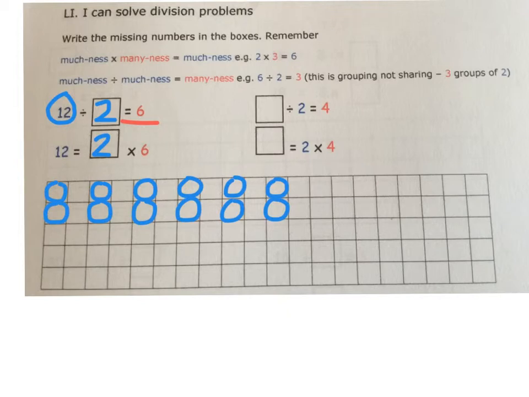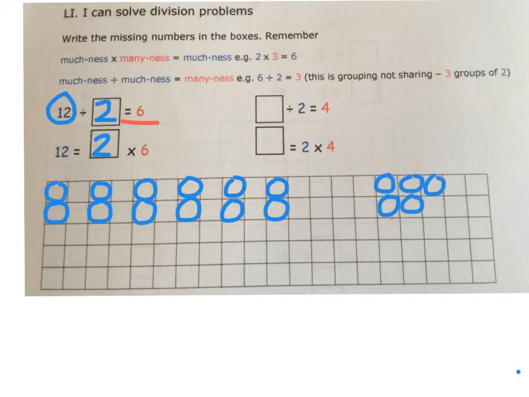Okay, next one. I've got something divided by 2 equals 4. So already it's telling me divided by 2, I'm looking at parts of 2. So let's draw parts of 2 here. There's a pile of 2, and it says I've got 4 parts. So this is actually a really nice one to do.